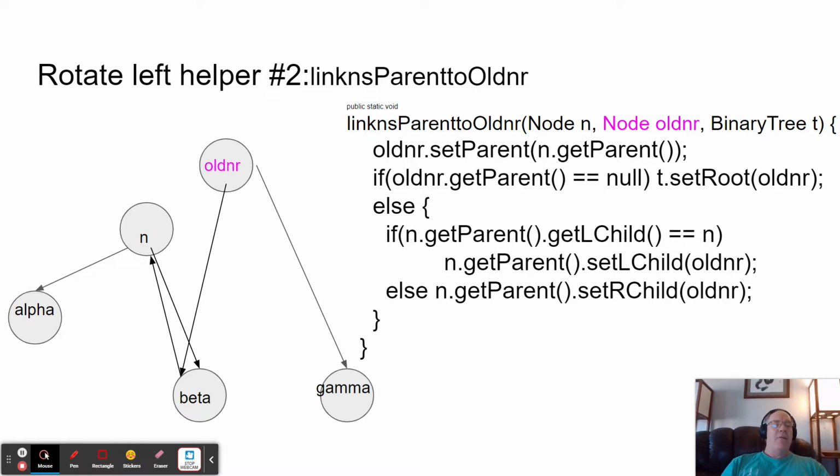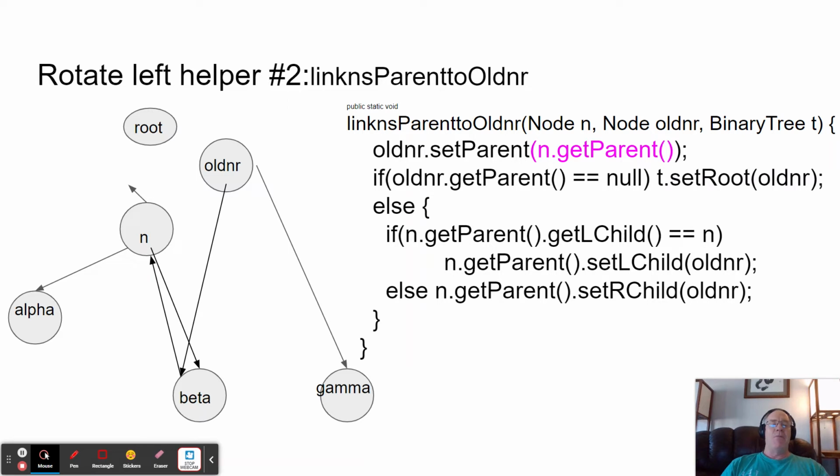But also, there's a binary tree involved, and the binary tree provides the added information of what is the root of the binary tree. That's the situation where n is in fact the root, but we need to be able to replace the root being n with the root being old nr, if that's the situation. So we have that at our disposal.